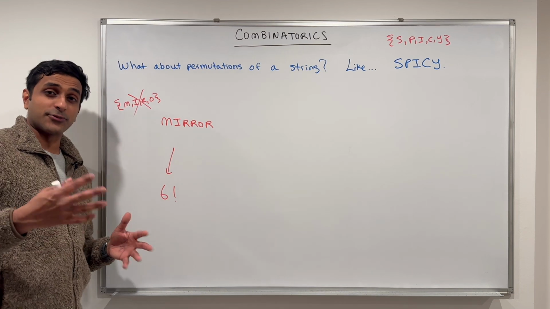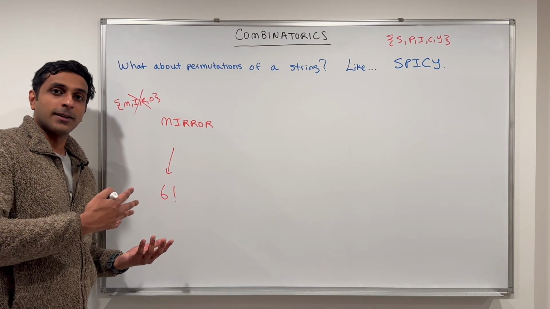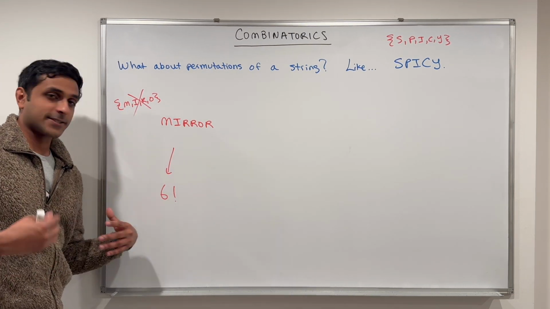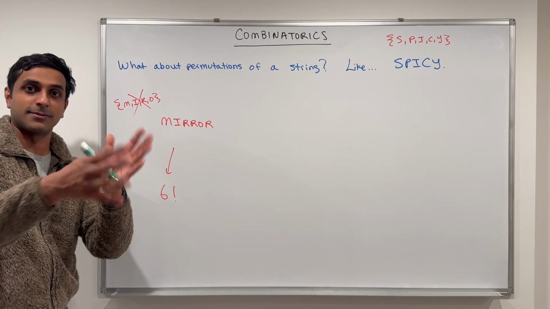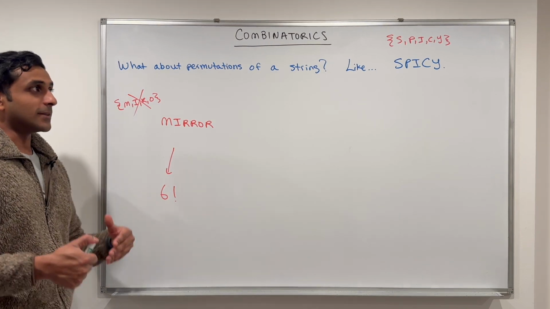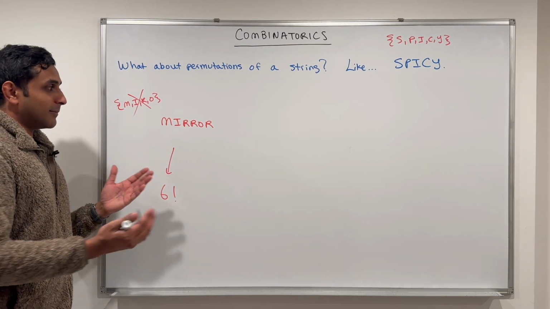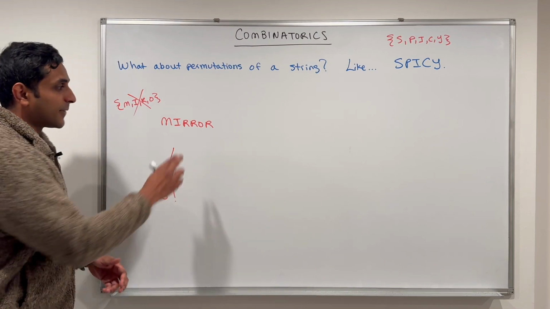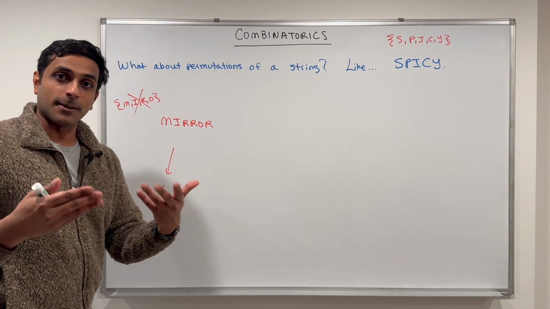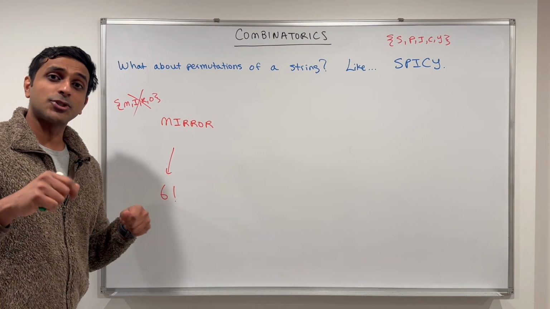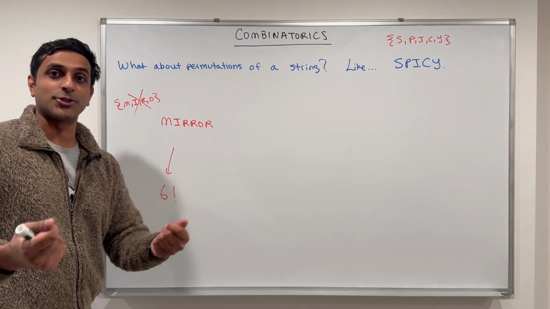If the r's were different colors in this problem, then you could argue that 6 factorial is the answer, because maybe the color of the r changes the r. But in general, an r is an r. And if I switch these two r's, even though you can argue that in some sense I've done something, I haven't changed the distinguishable nature of the result.